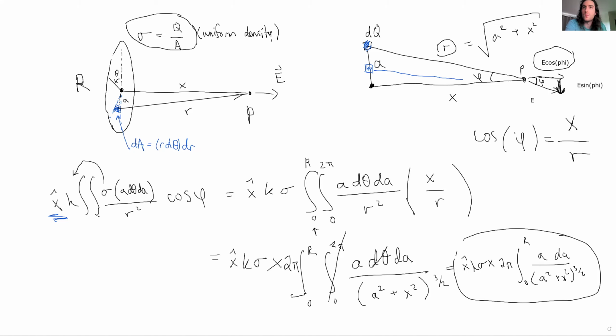I don't want to confuse Wolfram Alpha though, so I have to tell it what to integrate over, from a equals 0 to a equals capital R. Let's see if it can do this for us real quick so we have a concrete answer here.